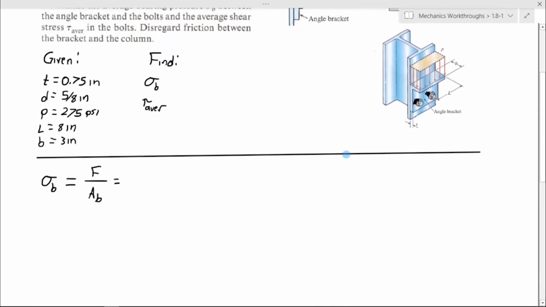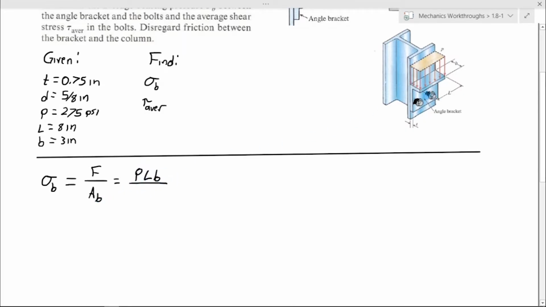So this force here is going to be the pressure times its area, which is given as the area on the top of the bracket, so L times B, and so there's the dimensions of that rectangle.